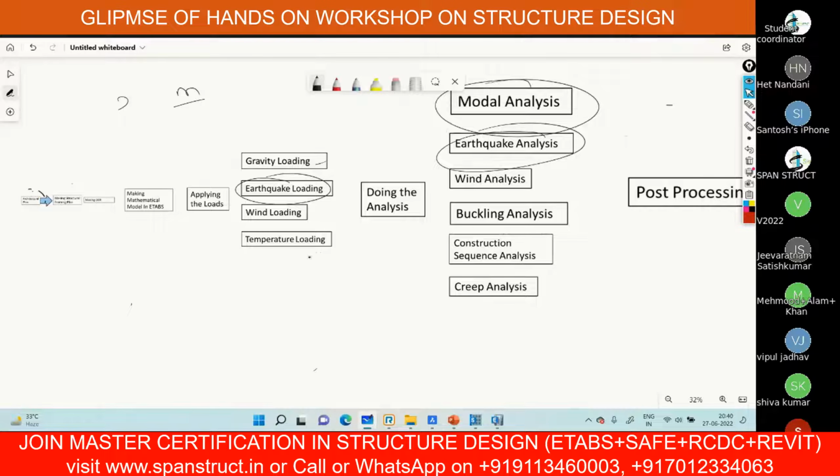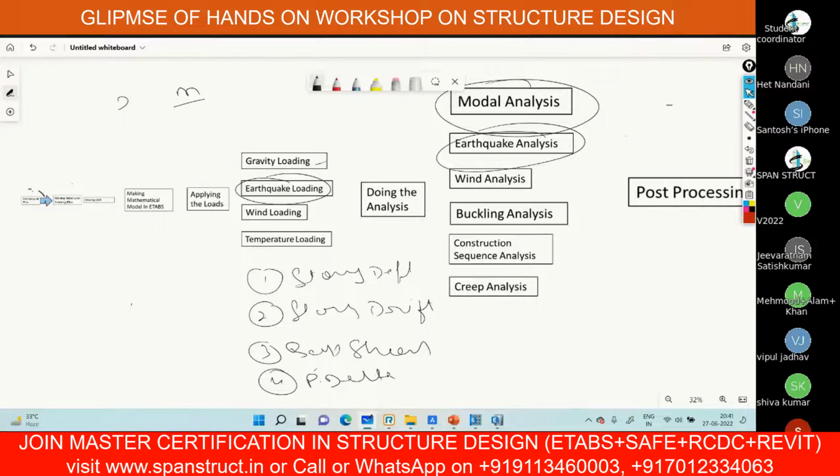What are the things I told you? Story deflection, story drift, base shear. When you do the P-delta analysis, because this will come under deflection, P-delta will also be included in the earthquake analysis.